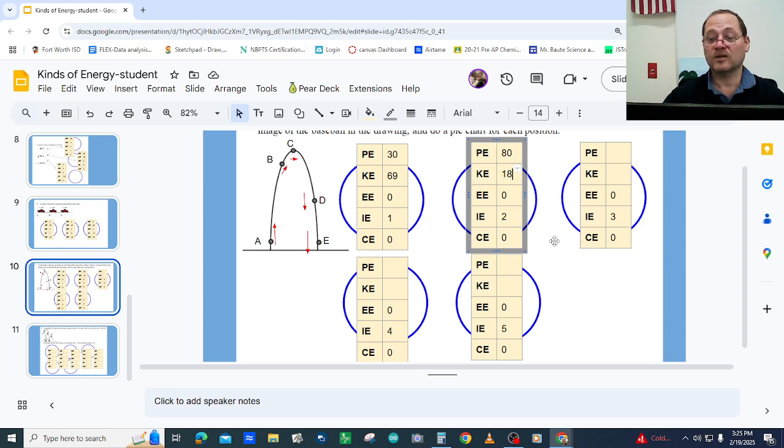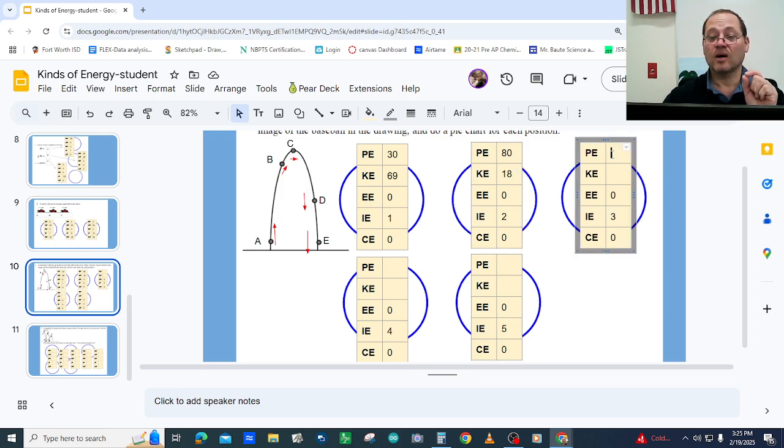When it gets to point C, most of the energy is in potential, very small amount as kinetic. So I would say like 90% or even more. 96% of the energy is as potential, all right? 96 plus 3, 99. So only 1% of the energy is in the form of kinetic, barely enough to move around to the side.